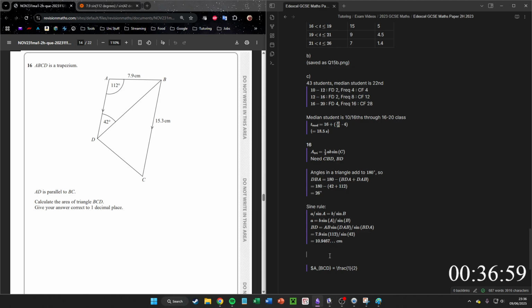So AD and BC are parallel. So through the alternate angles theorem, or the Z angle theorem, I think it's the alternate angle theorem, we know that ADB is equal to DBC.